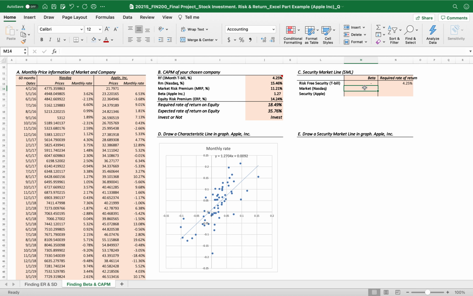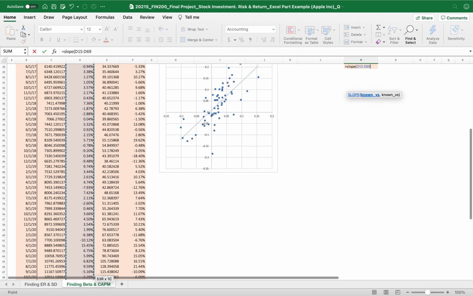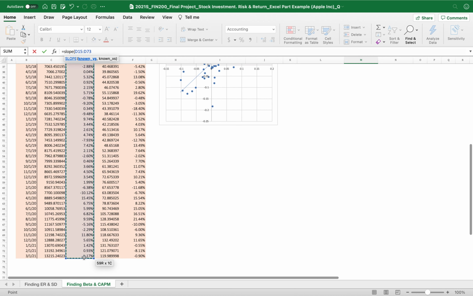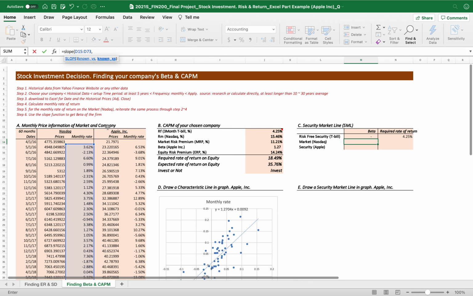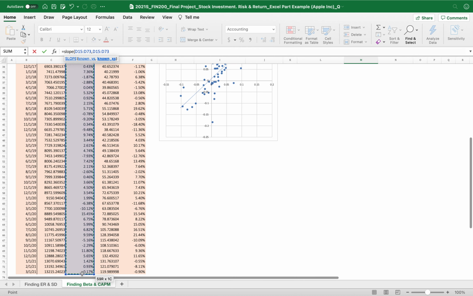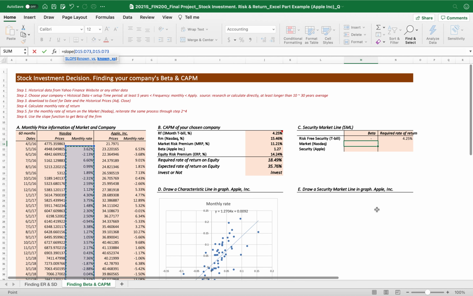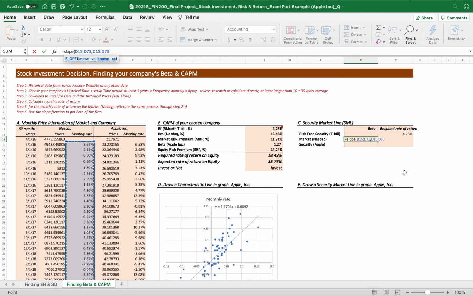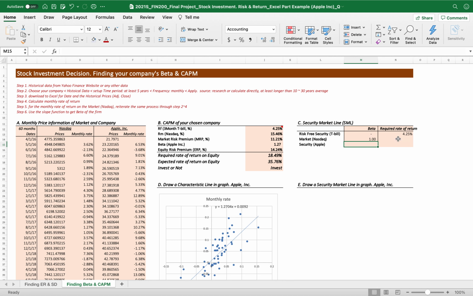Beta is zero, and then the required rate of return of risk-free securities is 4.25%, exactly the same as the rate of return of the risk-free rate itself. And the market beta, how do you calculate the market beta? It's the same, the slope of the market monthly rate against itself. As we practiced in class, we have the same y-axis and x-axis for the market, so we get exactly one. So what is the required rate of return?